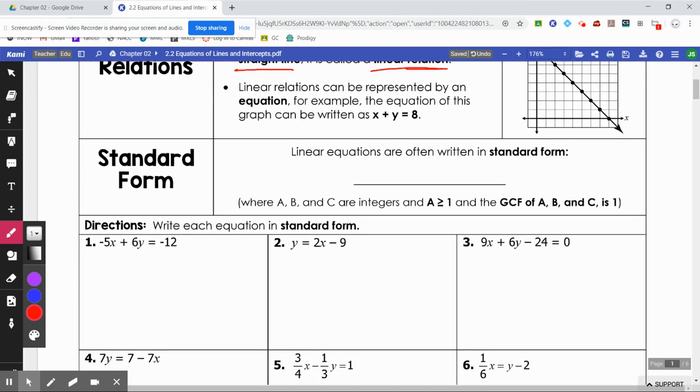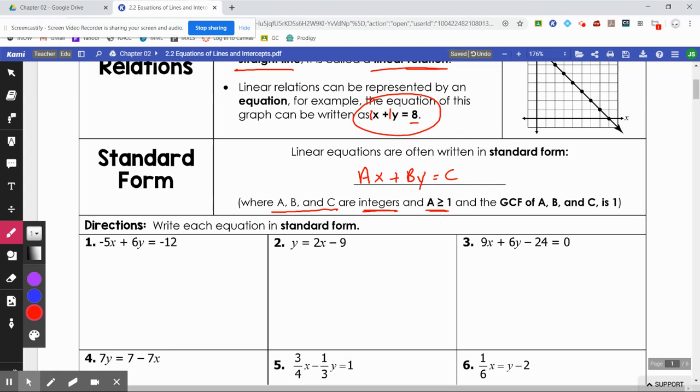Okay, standard form. Linear equations are often written in standard form. Standard form is ax plus by is equal to c. This one is actually written in standard form, where your a value is 1, your b value is 1, and your c value is 8. A, b, and c are integers, which means that they can't be fractions or decimals.